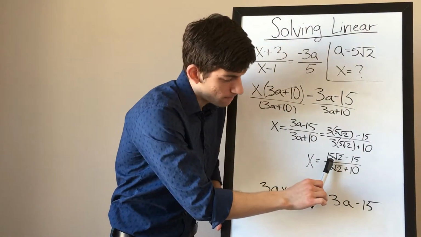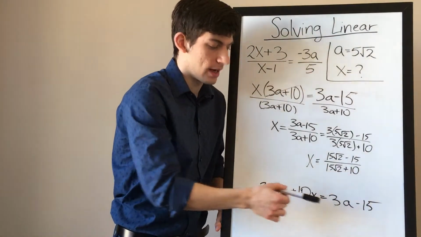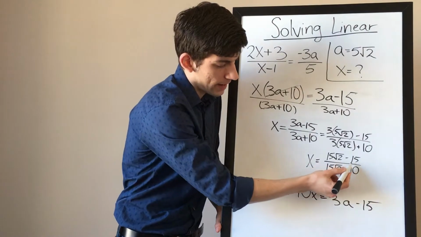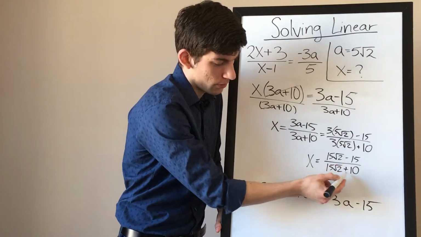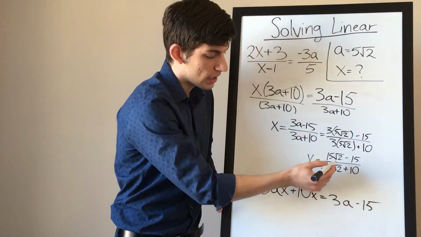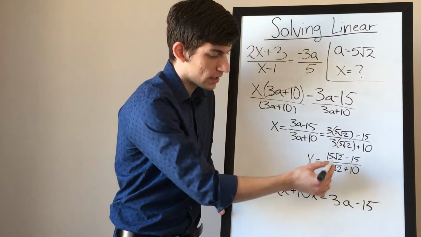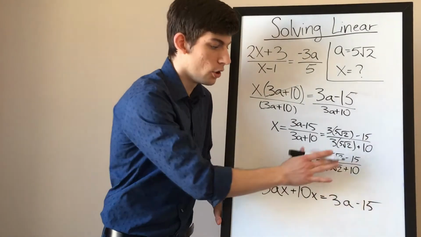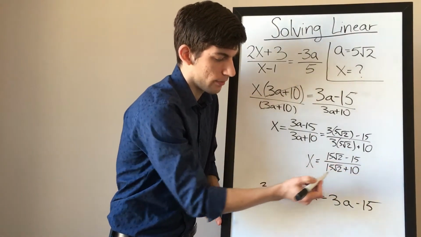You see that, so right now you can't really divide or cancel anything out, right? But you see that right here, 5 is a factor of both of these and both of these, right? So what we can actually do is factor out a 5 on the top and bottom and then cancel that. Again, the reason we can't do anything right now is because it's separated by a plus or minus.